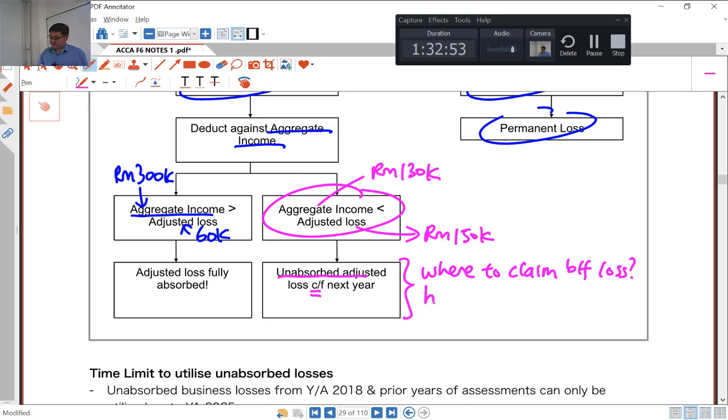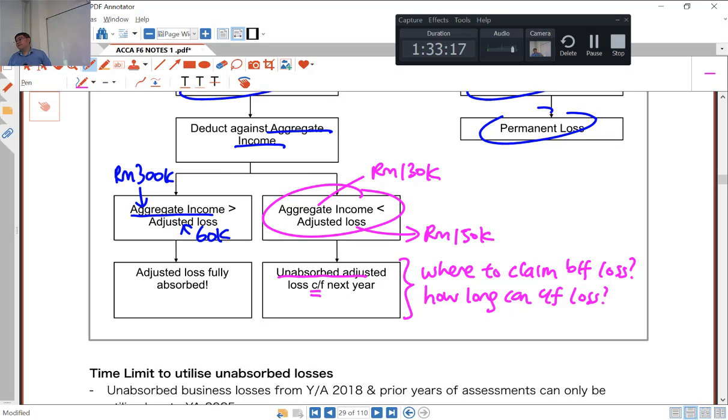Second is, how long can you carry forward the loss? See, in the past, okay, there's no time limit for us to carry forward losses. It can be as long as you like. So you can have losses accumulated since 30 years back.